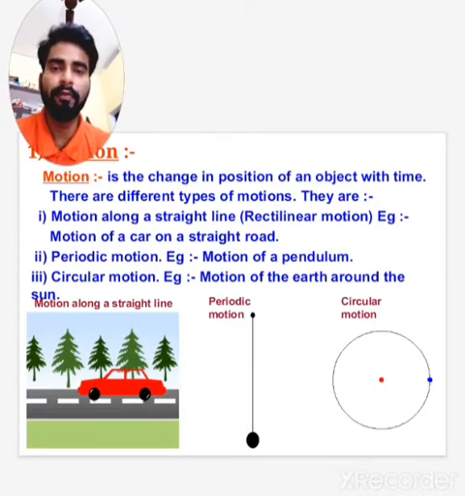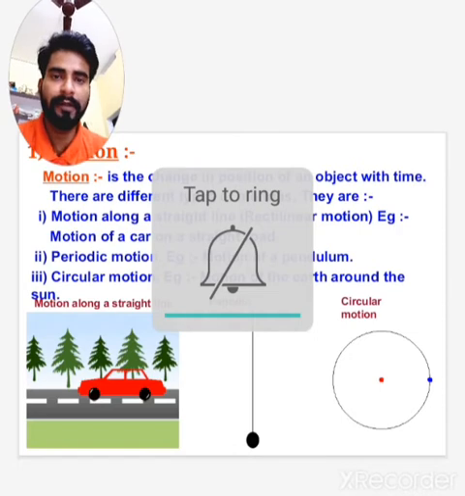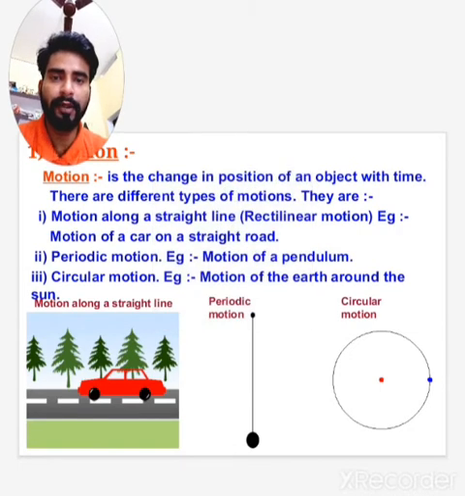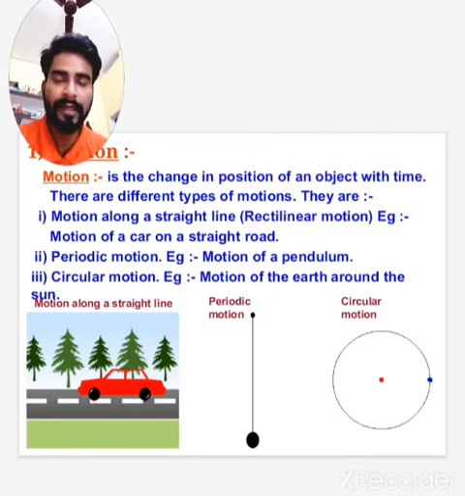So there are different types of motion, like periodic motion, circular motion, rectilinear motion, curvilinear motion. If a car is moving on a straight road, that means a straight line, so we can say the car is in rectilinear motion. Motion along a straight line is known as rectilinear motion.